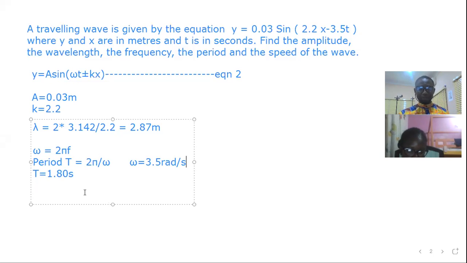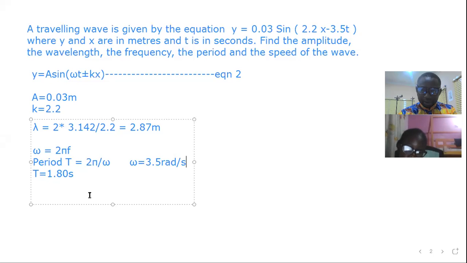What's the formula for speed? What's the formula for linear speed? I guess I've given you that formula before. Angular speed times radius or amplitude.